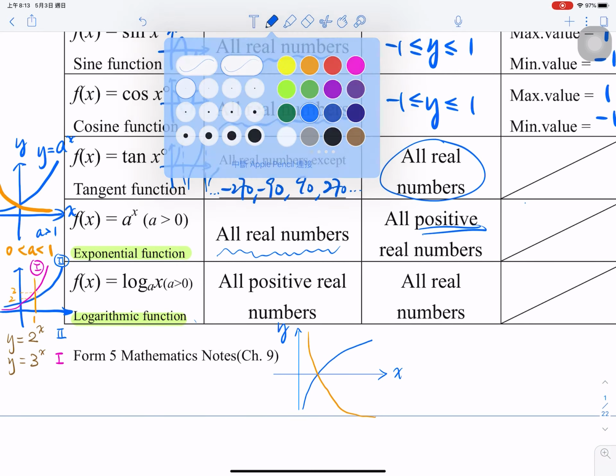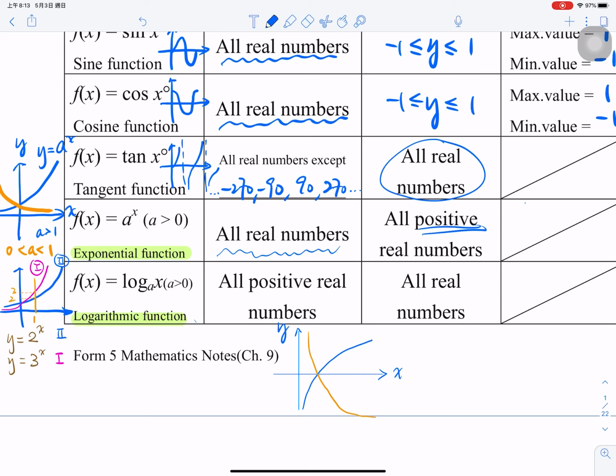The difference between these two is that one has a greater than 1. Which one is a greater than 1? Do you remember? If you forgot, you can find one example. For example, log 100 equals 2, right? Log 10 equals 1.